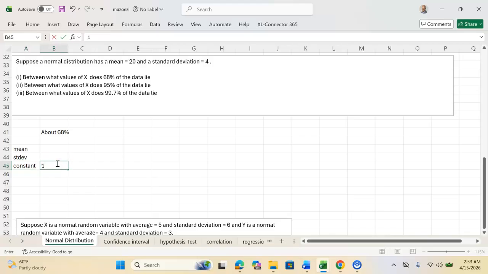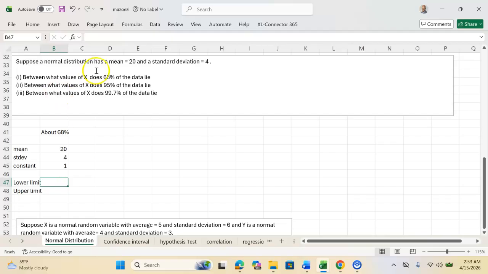And it will be 1, because we're going to say 68% of our data will lie between 1 standard deviation to the right and 1 standard deviation to the left. And so average here is 20 and standard deviation is 4. Once we have this information, then we can find the lower bound or lower limit, and also we can find the upper limit.